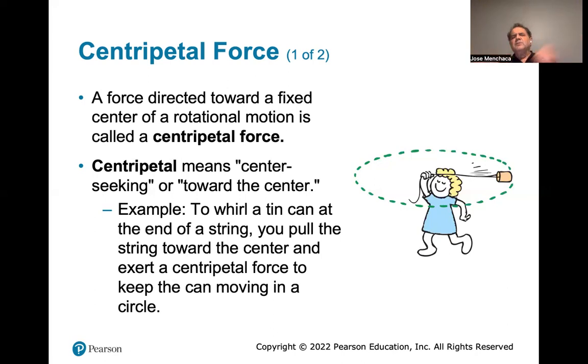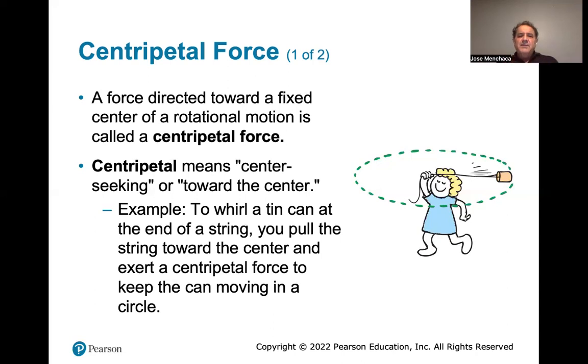It's the gravitational pull of the sun that keeps the Earth in an almost circular orbit. It's the Earth's pull, the gravitational pull on the moon, that keeps it orbiting around the Earth in an almost circular motion. So a centripetal force is a center-seeking force, and we'll learn that there's a centripetal acceleration that causes the centripetal force.